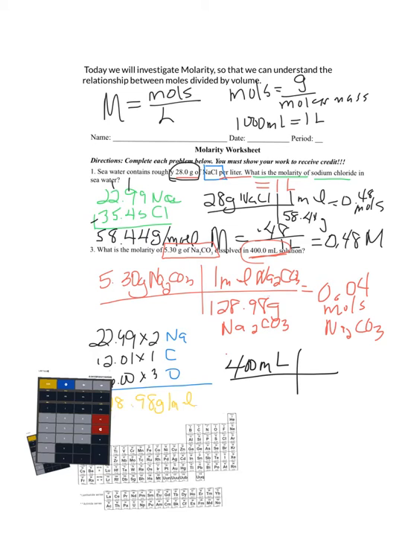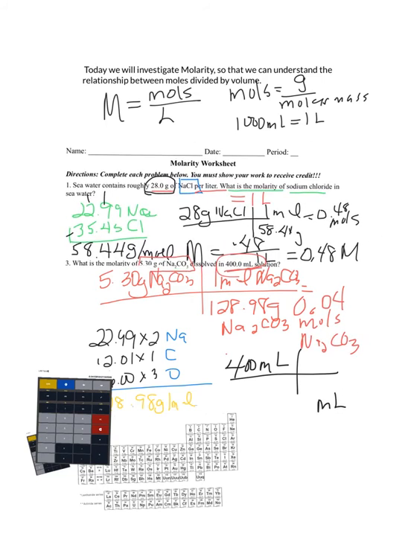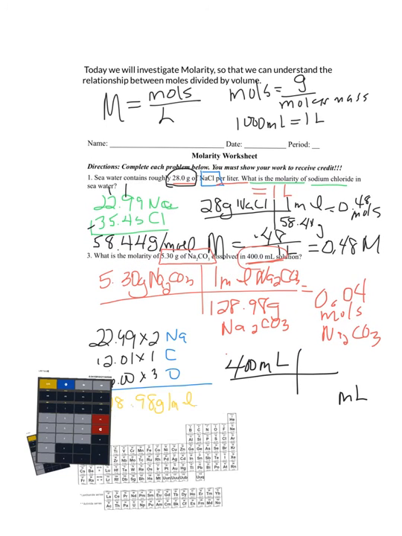So if I have milliliters right here, I need milliliters down here. And if I go back and I'm looking at this, then I have 1,000 connected with milliliters, which means that's what's going to go down here.